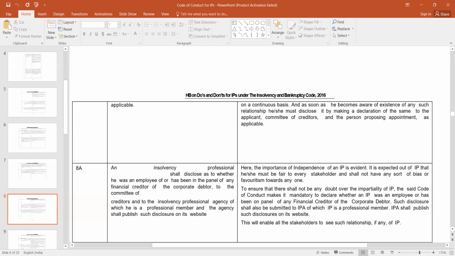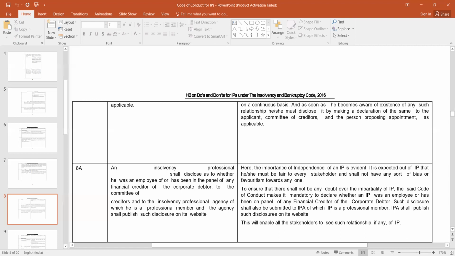Actually, suppose you are a chartered accountant. As a chartered accountant, you can conduct concurrent audits also. Suppose you are a concurrent auditor for PNB, you are on the panel of PNB, and PNB is one of the financial creditors of that particular CD.